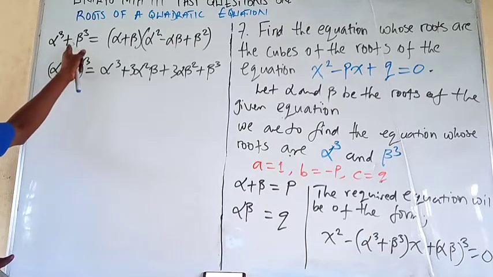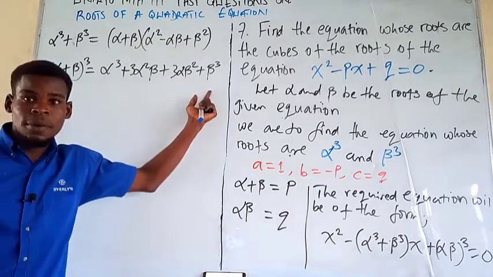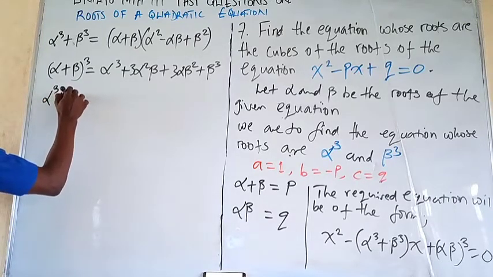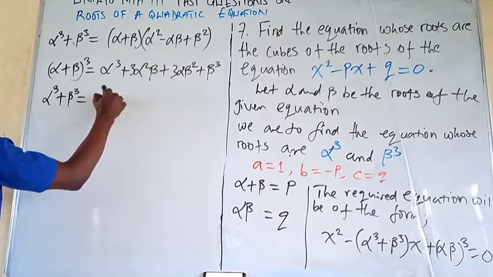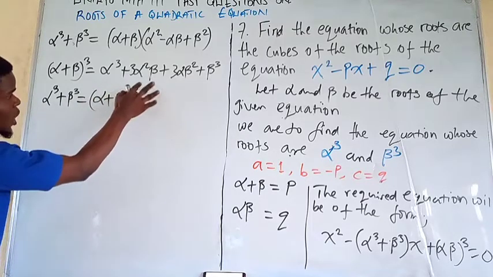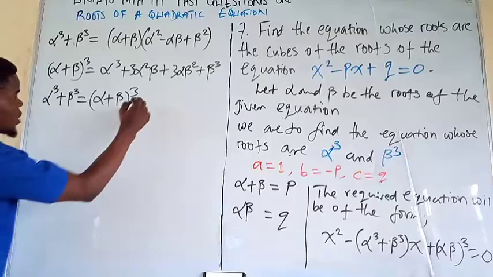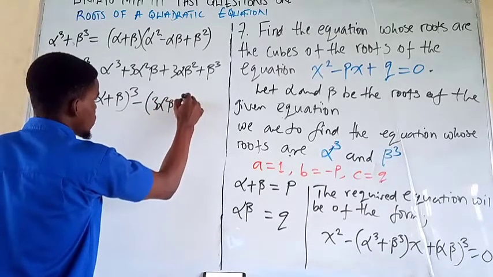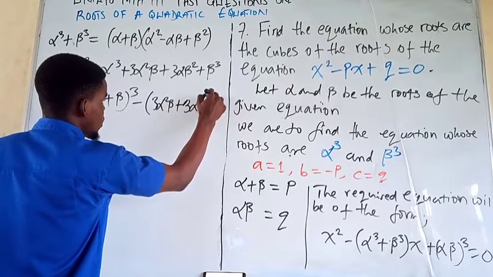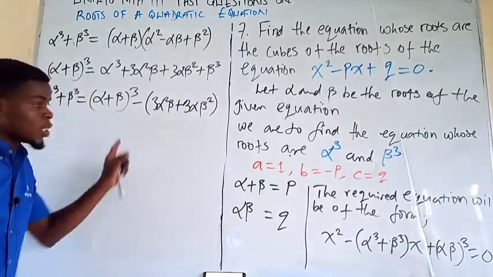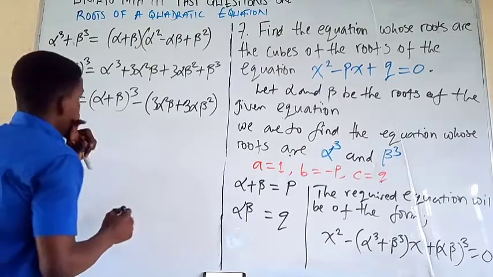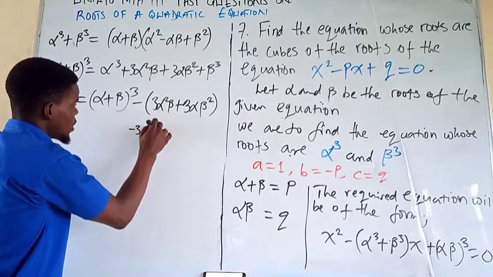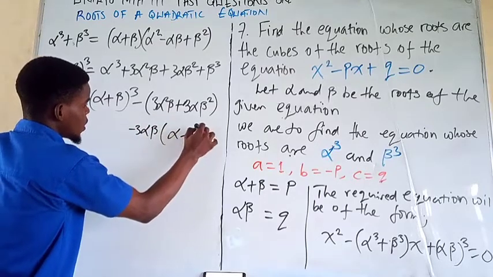So by making alpha cubed plus beta cubed the subject of the formula, let me put down all the work for you. Alpha cubed plus beta cubed will give us alpha plus beta all cubed, and you have to subtract these two things from both sides. So that will be minus 3 alpha squared beta plus 3 alpha beta squared. I'm putting that in a bracket, so this minus has affected all the terms here. Okay, so I'm going to factor out 3 alpha beta, leaving alpha plus beta in there.